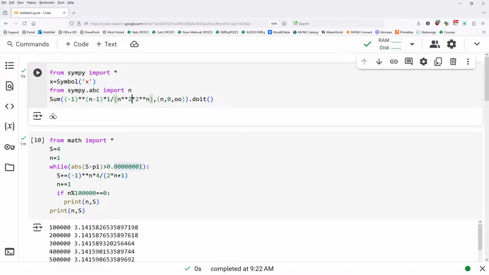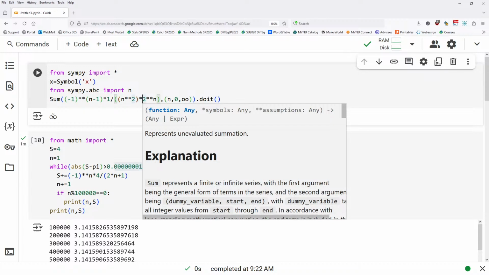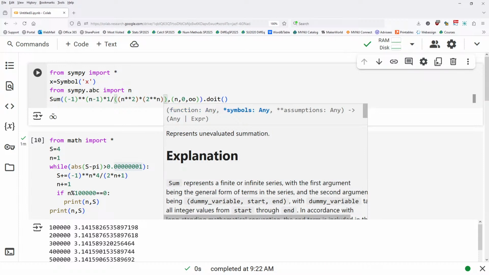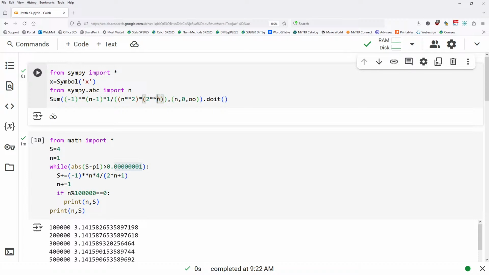Yeah, well, there's n squared here. Maybe I need to put enough parentheses here so that it understands all of this stuff is in the denominator. Shouldn't this not be infinity? It shouldn't be infinity. Maybe it just can't do this one. Oh, I got so excited that it got pi with that other one. Do I have this typed right? It's -1 to the n minus 1 times 1 over n squared times 2 to the n.